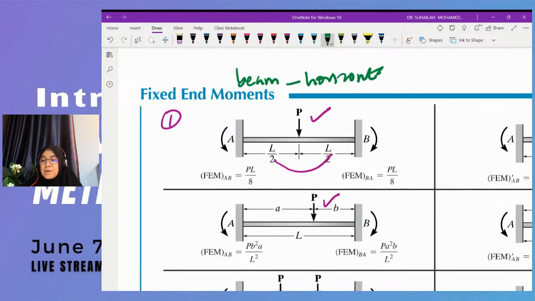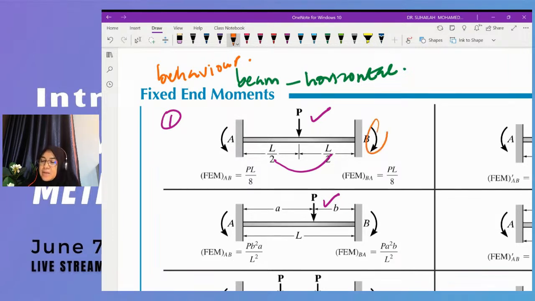So when we apply force on top, the beam will bend. So the reaction will exist at support A and support B to counter back the bent beam. That is why the fixed end moment is actually behavior.